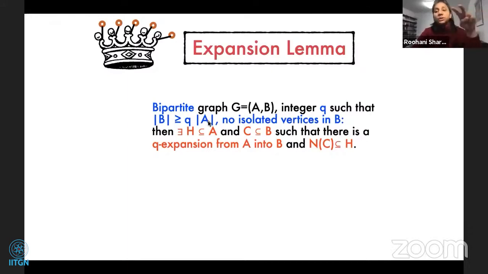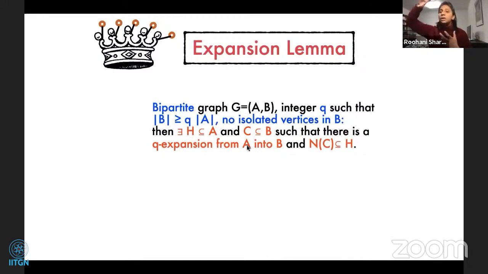Given these two things, the expansion lemma guarantees that you can always find a set H, which corresponds to the head, in A, and a set C in B, which corresponds to the crown, such that there is a Q expansion from H to C. And if you look at the neighborhood of the crown vertices, they are all in the head.